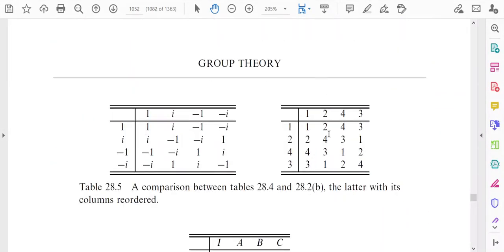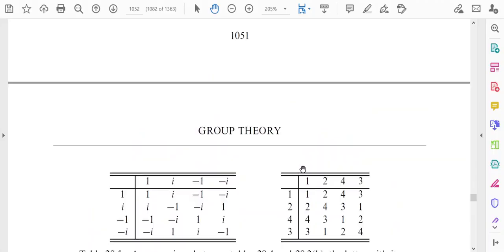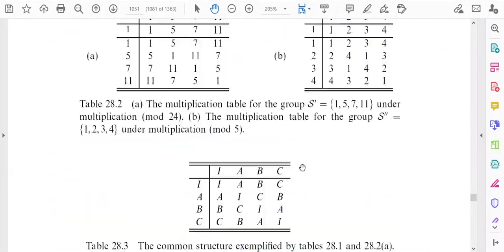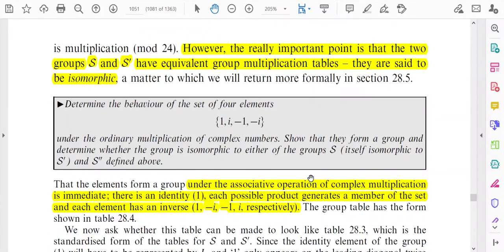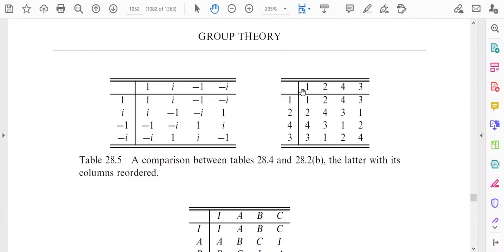You see, we have written the header in this way, that is 1 2 4 3, that is we have changed the order, and in the left side column also we have written the same order, that is 1 2 4 and 3. But this ordering is a little bit different from that represented earlier, because earlier it was 1 2 3 4, and here also 1 2 3 4, but now we are writing it 1 2 4 3 and 1 2 4 3.